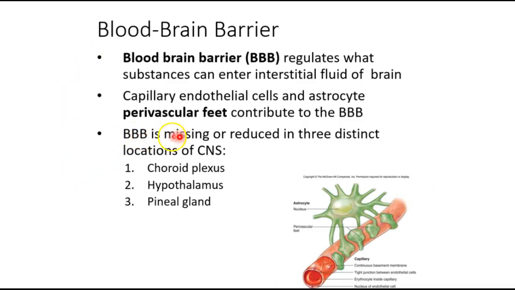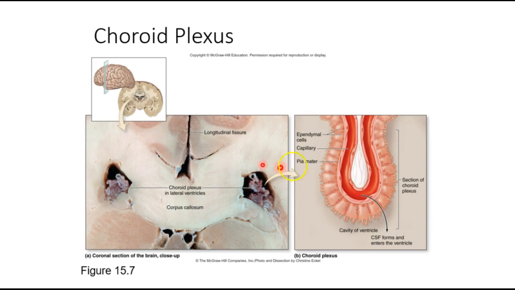There are a couple of places where you physiologically don't have a blood-brain barrier, places where your brain needs to detect the environment of your bloodstream. For example, your choroid plexus: there's a blood vessel right there, and there are no astrocytes with perivascular feet because we're getting fluid from that. So in that location, the choroid plexus is acting as its own barrier and just controlling things its own way.